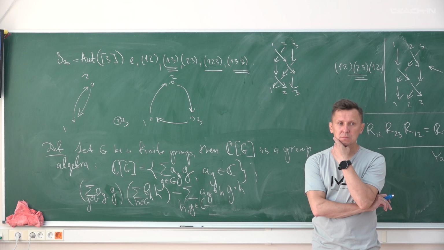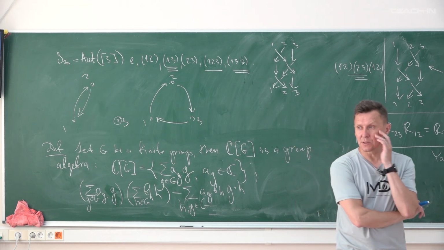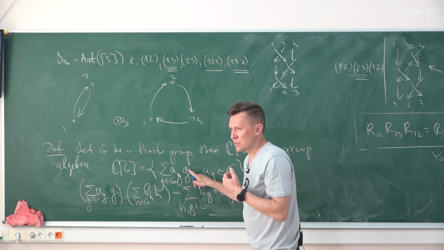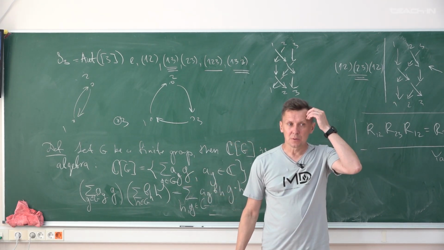Okay? And a is a complex number, which is indexed by an element of the group. Okay?